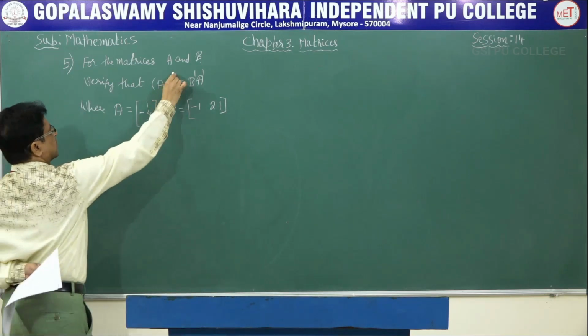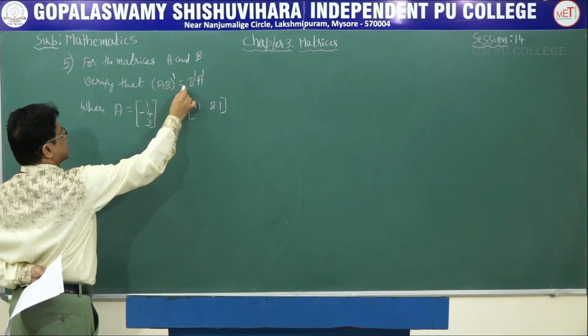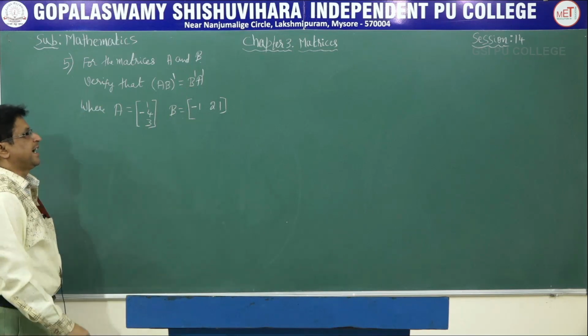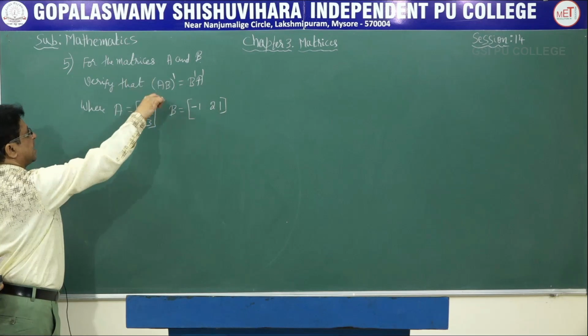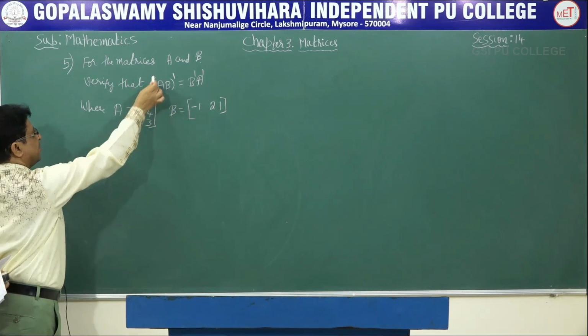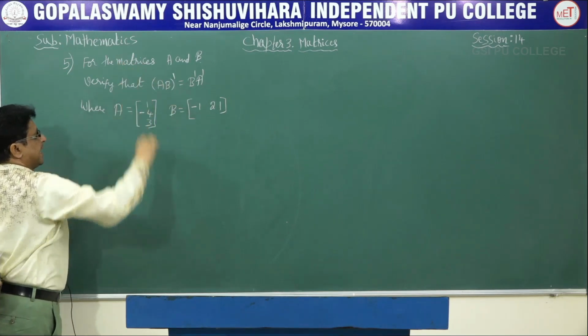So here we have to show that (AB)' is equal to B'A'. So first we shall find A into B and then take the transpose of the matrix AB. We will get (AB)'.